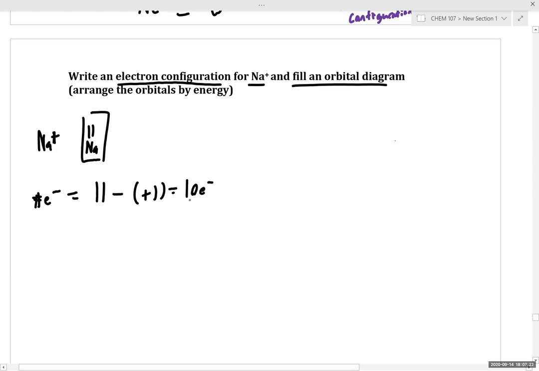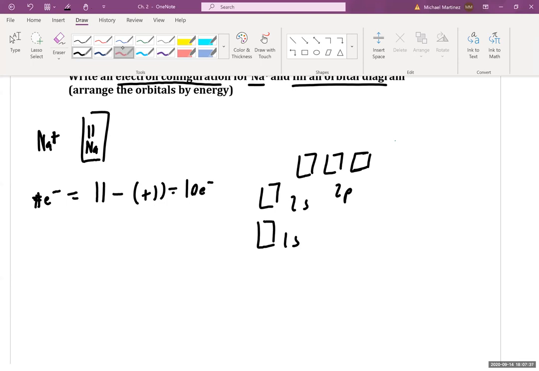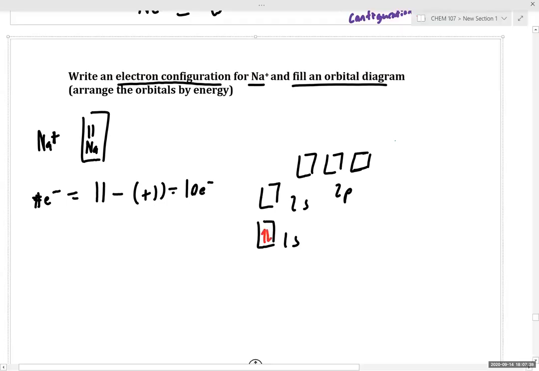Same electron count as the previous example, so we should expect the same electron configuration. We write out our orbital box diagram, and then we fill it in from lowest to highest energy.